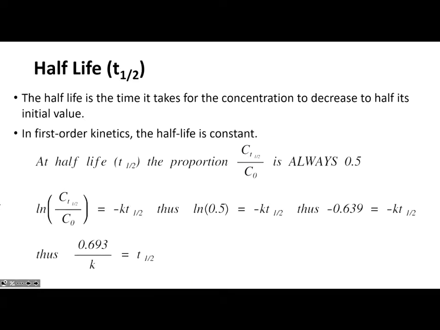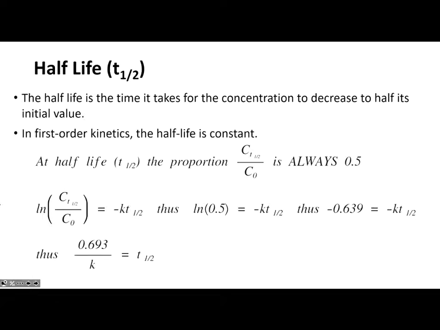Now, let's talk about one other really important idea in pharmacokinetics, and it's half-life. All right? So, what is half-life? Half-life is a time. It's the time that it takes for the concentration to fall by 50%. In minutes, hours, you can express it in whatever units you want, but it's a time.